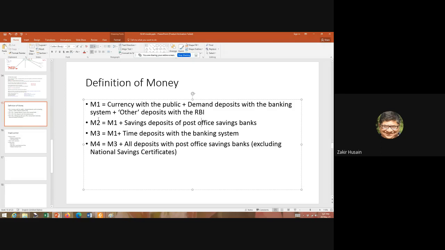So M1 and M2 are currency and demand deposits or savings deposits. In M3, we include time deposits with the banking system. And again, M3 and M4 differ depending on whether the post office banks are included or not. Now, the post office also issues National Savings Certificates, NSCs. These are basically tax saving bonds.